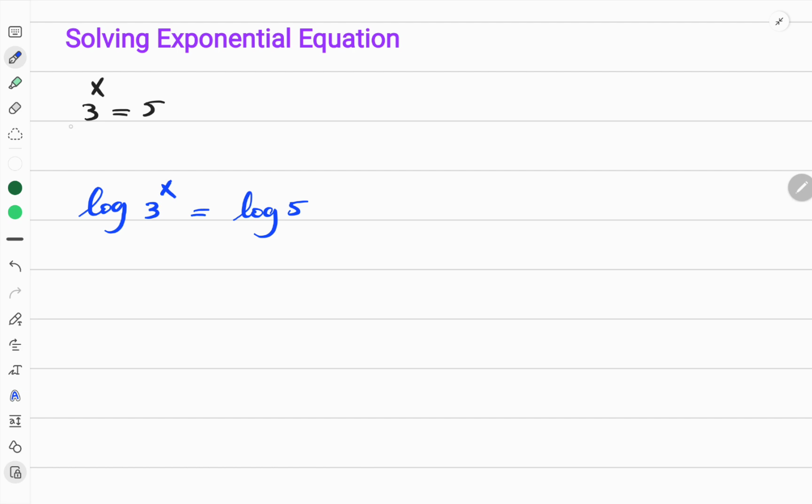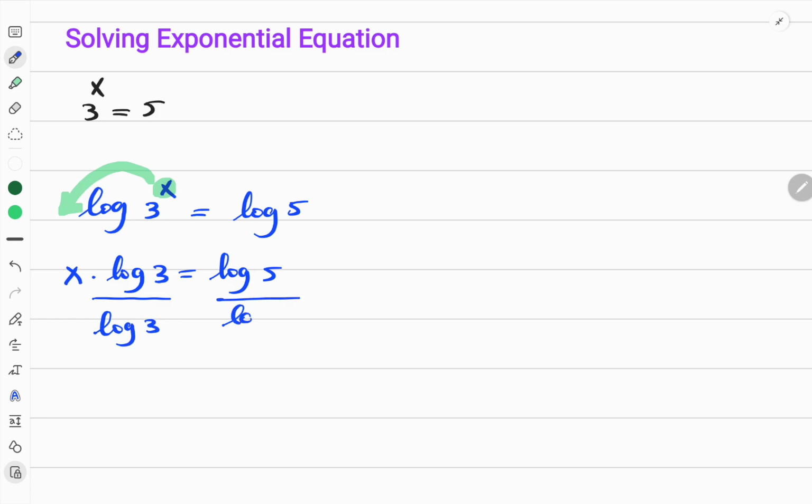By the property of logs, we can move x to the front: x times log of 3 equals log of 5. In order to isolate x, divide both sides of the equation by log 3. These two cancel out, and x equals log of 5 over log of 3.